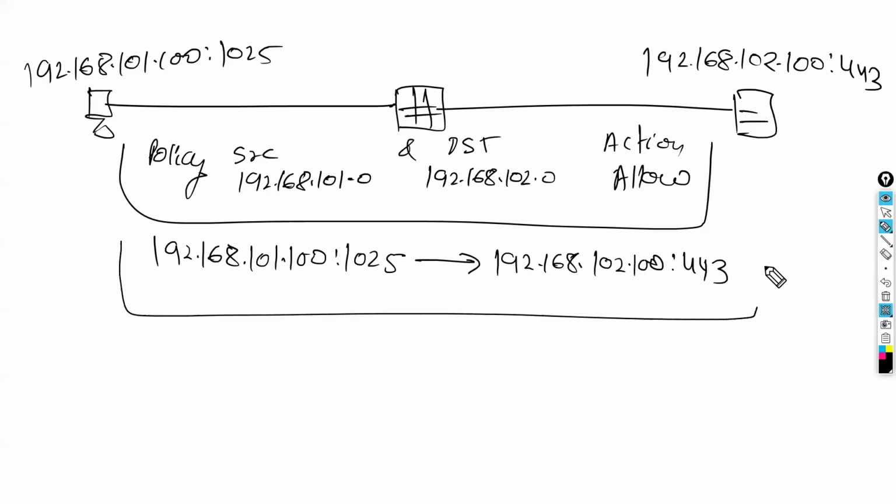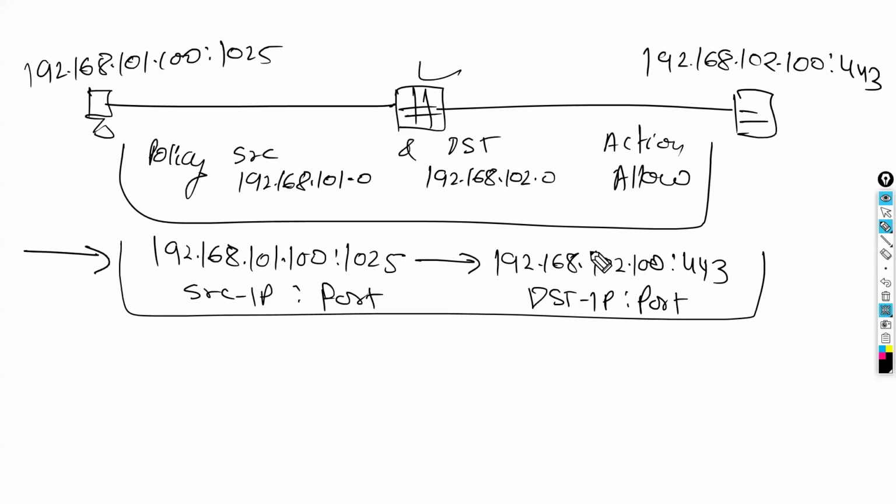This kind of entry will be created automatically by the firewall. It contains the source IP, source port number, destination IP, and destination port number. Clear? Now it's a unidirectional entry the firewall has made.